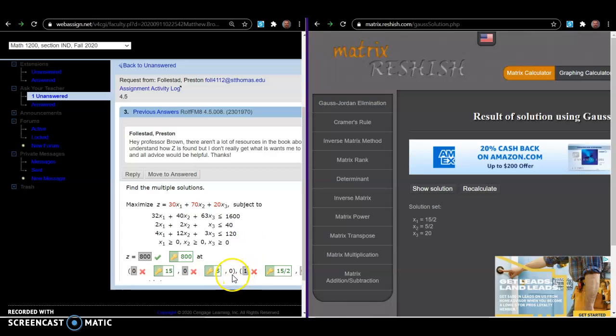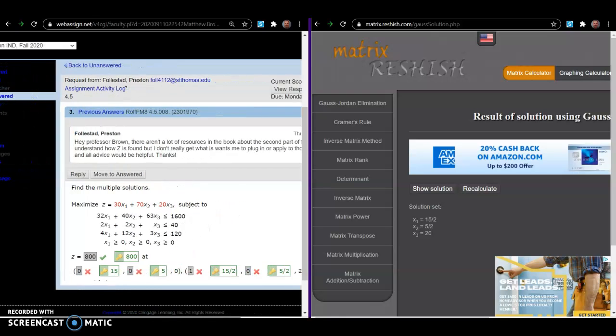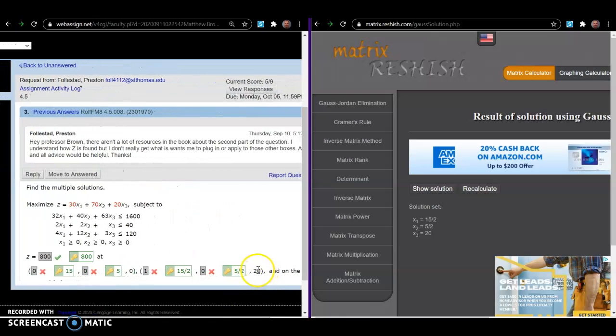So if we set this to 0, they're getting 15 for the first term and 5 for the second term. When you set this third term to 20, you get 15 halves and 5 halves.